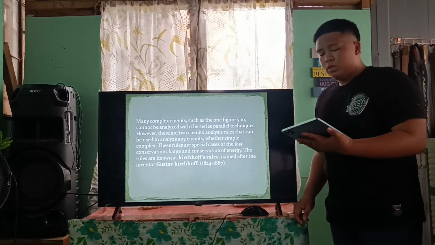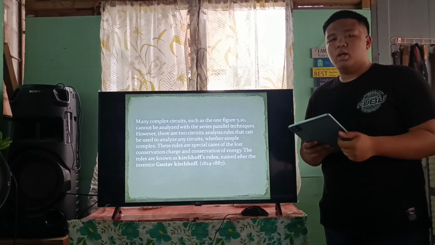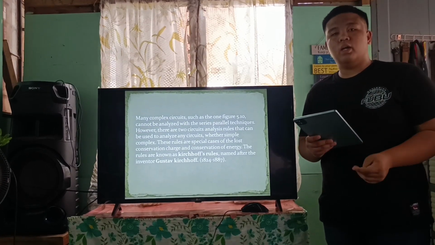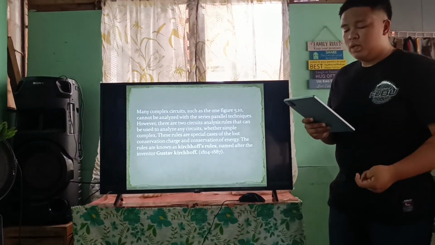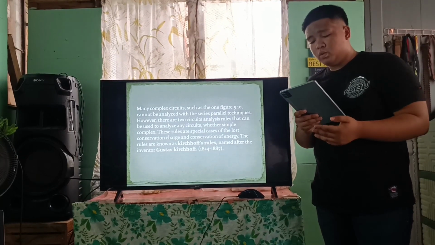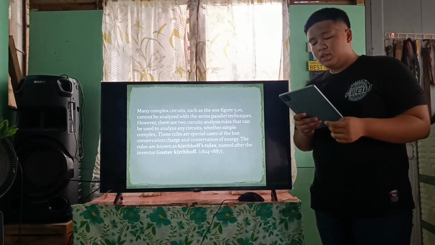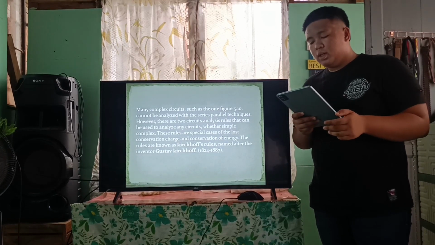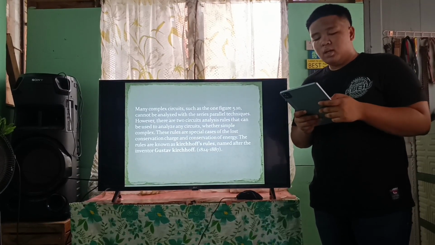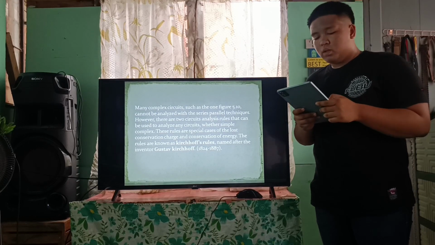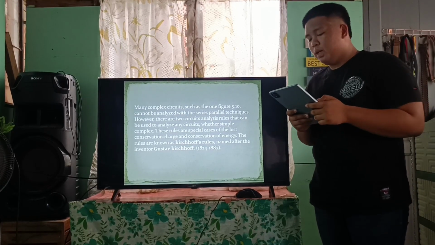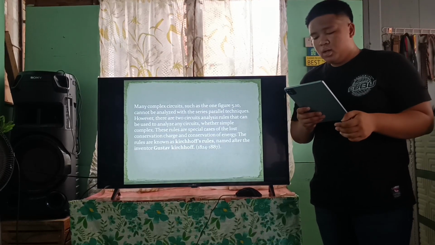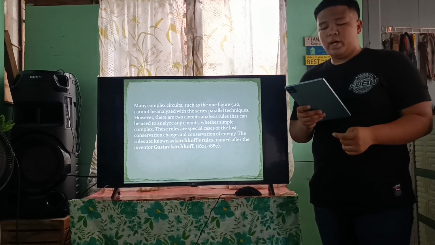Today I'm going to be defining the main idea of Kirchhoff's junction rule. At any junction or intersection in an electrical circuit, the total amount of electric current flowing into the junction must be equal to the total amount flowing out.